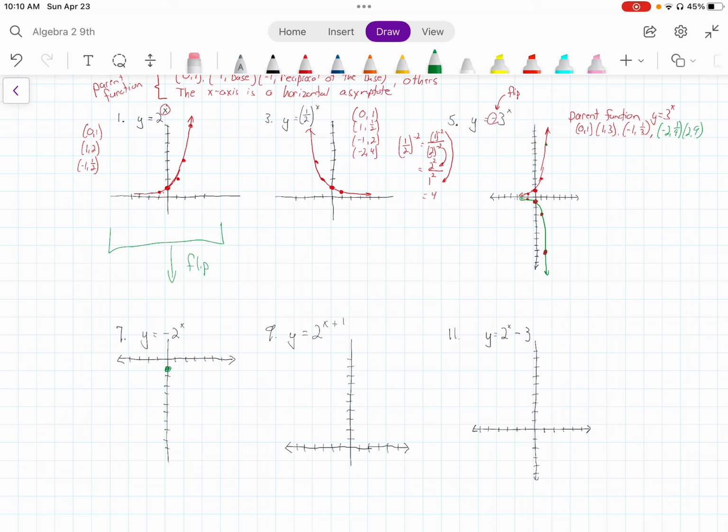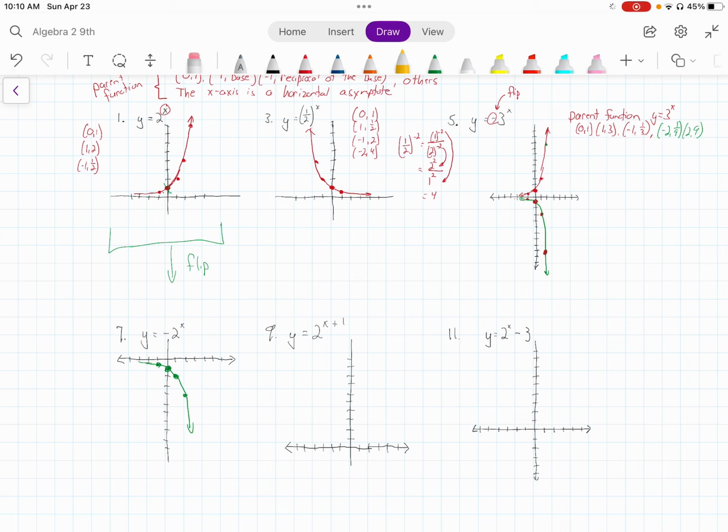So this point's going to go to -1, -1/2, -2, and -4. So there is the graph of y equals -2 to the x.